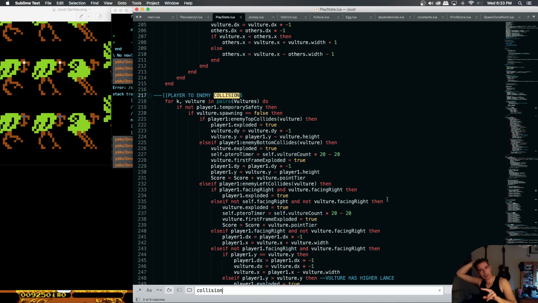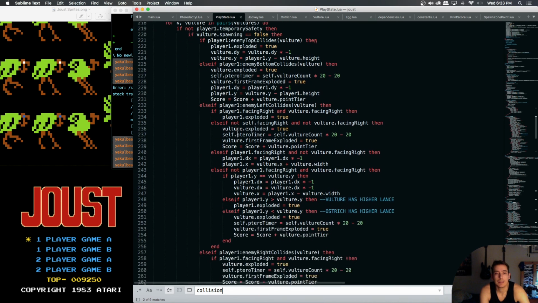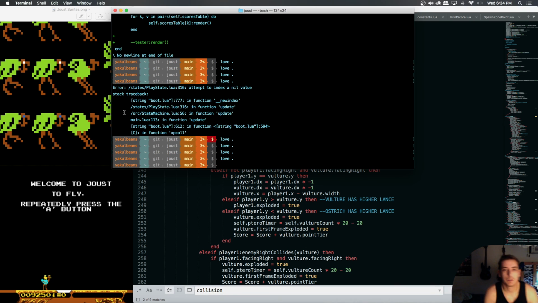But it's more likely that, for whatever reason, when a player collides with an enemy and we're facing right, so, yeah, let's test the specific instance.